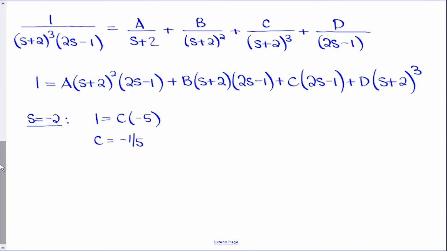Similarly now, if I let s equal 1/2, that's going to allow me to solve for D immediately. I'm going to have 1 equals D times (1/2 plus 2), so (5/2) cubed.